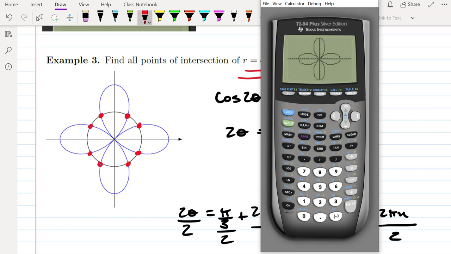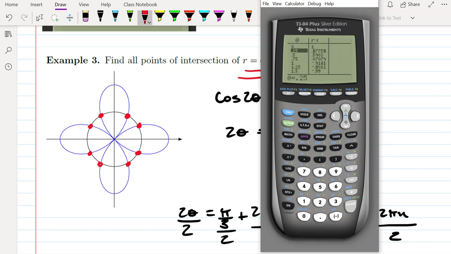So there we get our polar rose, but now let's look at a table and see what happens. So our polar rose starts out here at r equals 1 when theta is 0, but as theta increases from 0 to 2 pi, well, let's go ahead and go to our window again. So 0 to 2 pi, let's look at our table, and let's do our table in 0.25s.